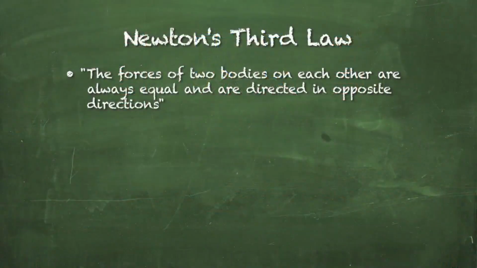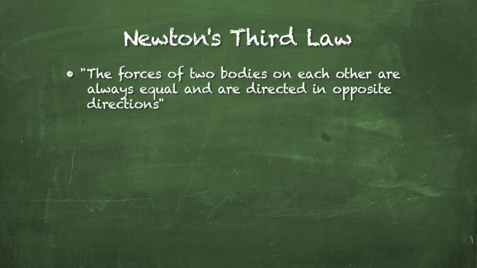Newton's third law, as you can see written here on the slide, translated, says the forces of two bodies on each other are always equal and are directed in opposite directions. You will often hear that paraphrased as, for every action there's an equal and opposite reaction.